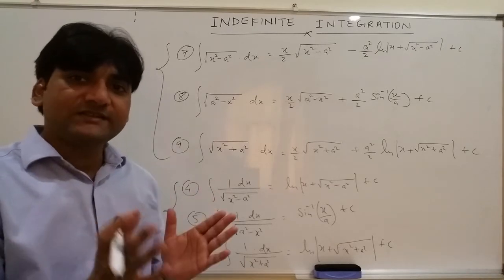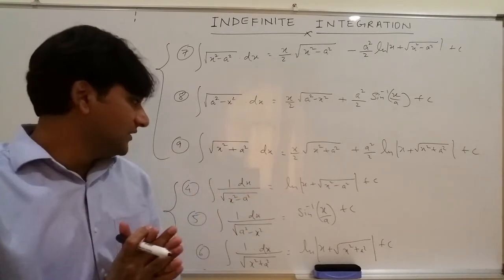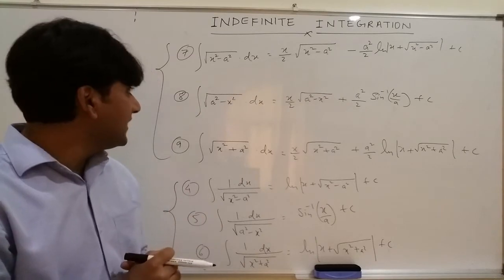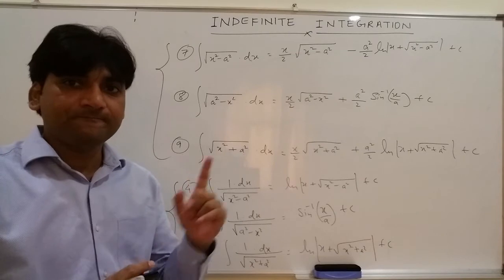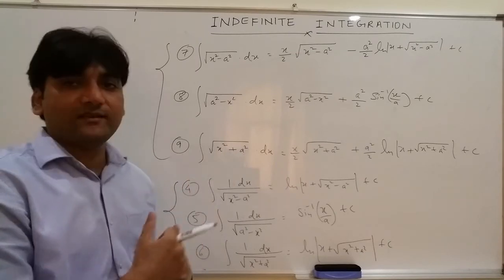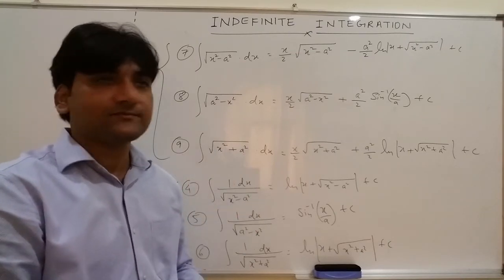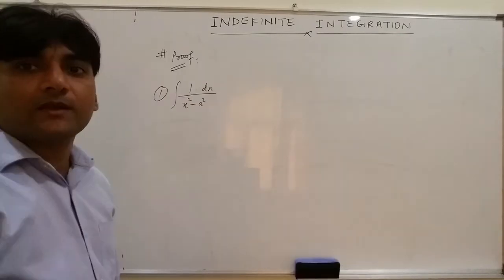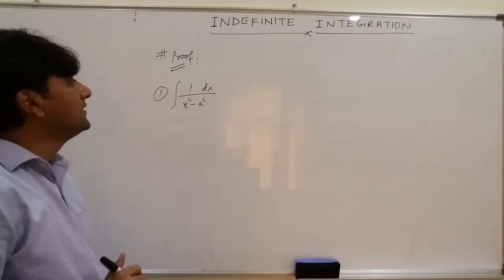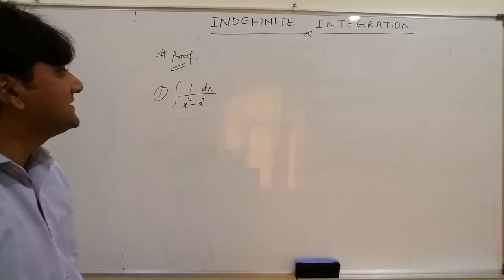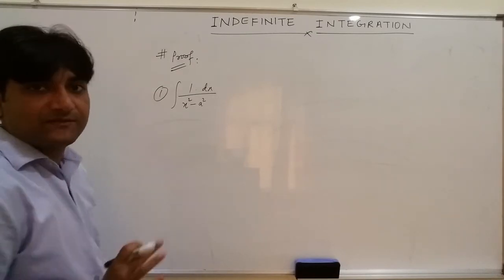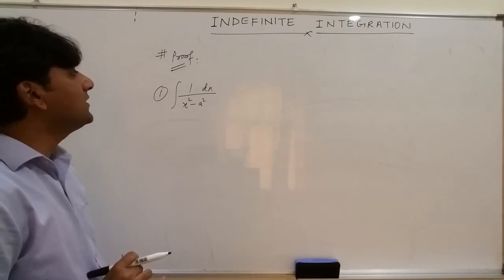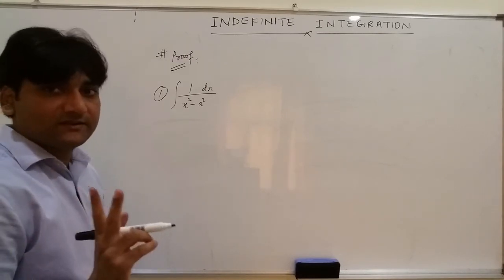Okay, so one point is to learn. Second point is to understand how these formulas are derived. So total we have 6 and actually we have 3 sets. So from one set I'll do one formula, and if you try then you can get other formulas also. So let us understand. Okay, first one is 1 over x square minus a square dx. This is our first formula. So here I have two methods.